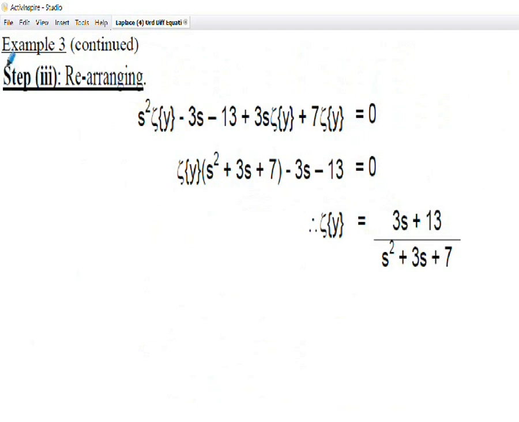Okay, step 3. For example 3 here, we're going to rearrange the equation to try and make the Laplace of y the subject. So if I look at this first line here, I've got Laplace of y against the s squared, Laplace of y against the 3s term, and Laplace of y against the 7. So Laplace of y is a common factor, and I'm going to take it outside of a bracket.